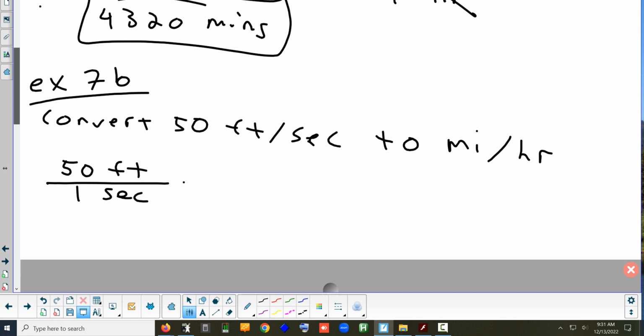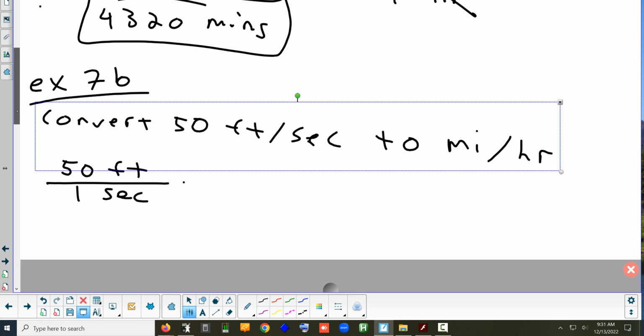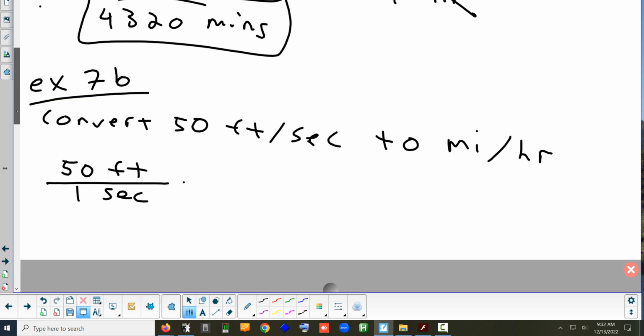So we're doing 2 problems now. We need to change feet to miles, and we need to change seconds to hours. You can do either one first. Let's deal with feet to miles first. Even if you don't remember how many feet a mile, you should know where feet is going to go to cancel out feet right here.